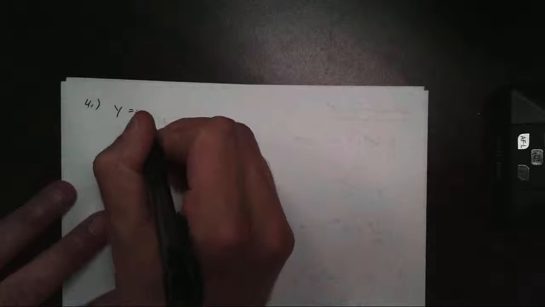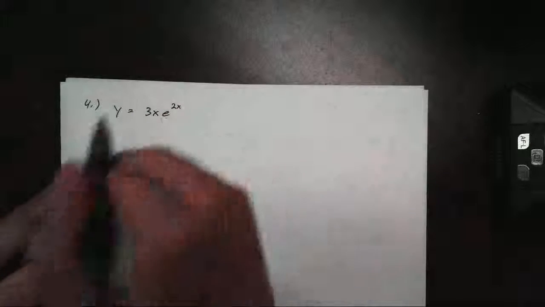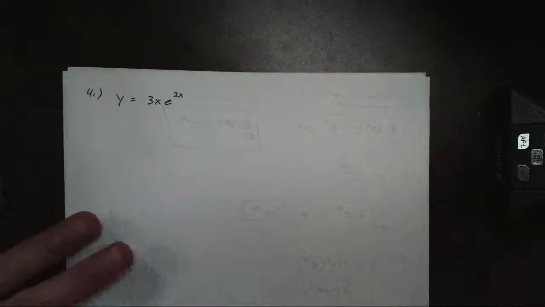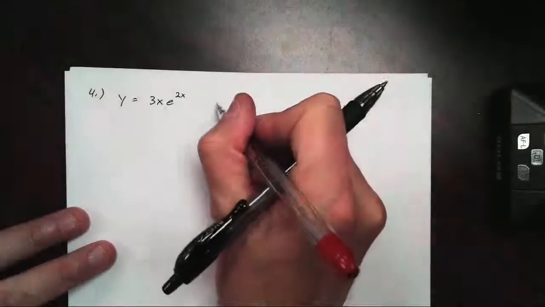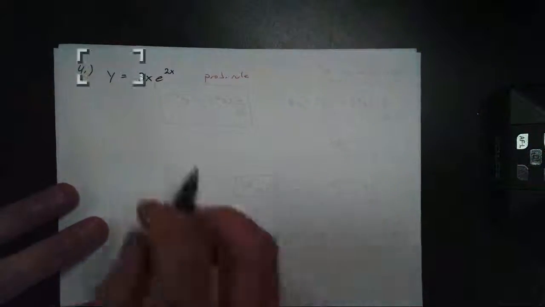Number 4, let's take a look at another, easier one again, just to go back to the basics of it. For example, what if I gave y equals 3x e to the 2x? Well, this is our product rule right here.